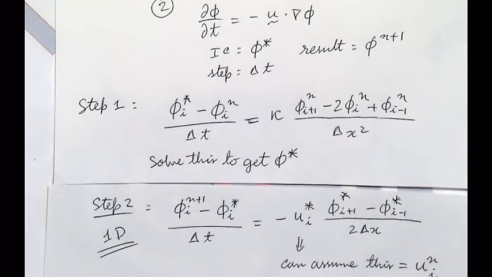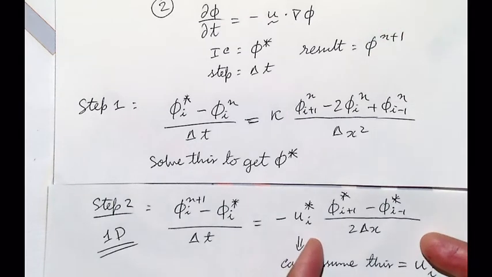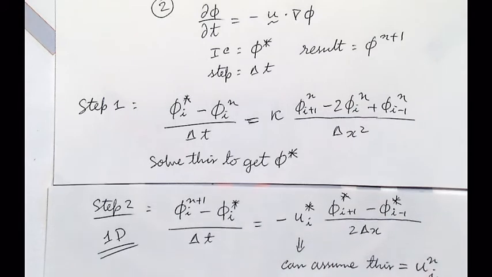One thing I'll point out is, in pure advection, we saw that this discretization is not stable, but that's for pure advection. When you do splitting like this, it is not unstable, but the time step size restriction can be very small.